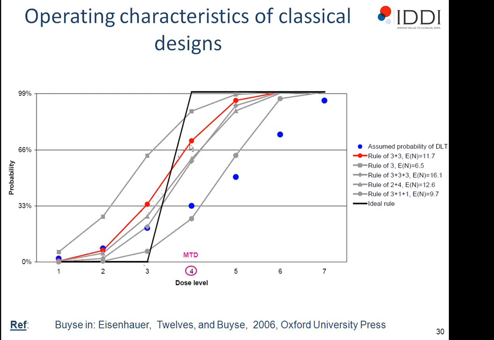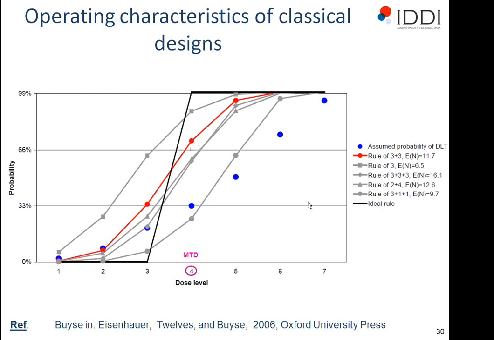So essentially what this means is that only 1/3 of the patients are put on the MTD, and another 1/3 of the patients are put at doses which are lower than MTD, and they may be subtherapeutic. On the other hand, you can see that there's also 1/3 of the probability of putting patients at doses which are higher than MTD, so these are perhaps too toxic levels, right?